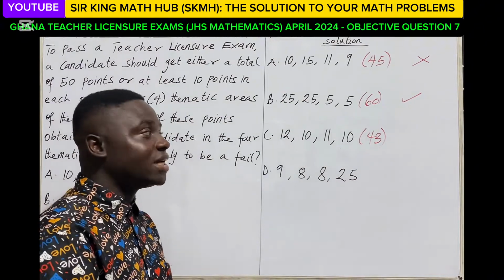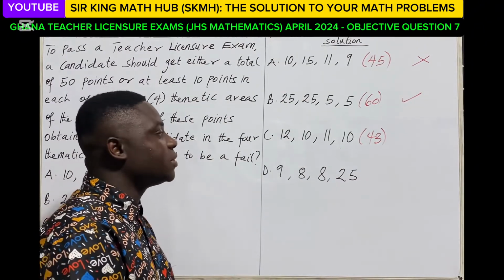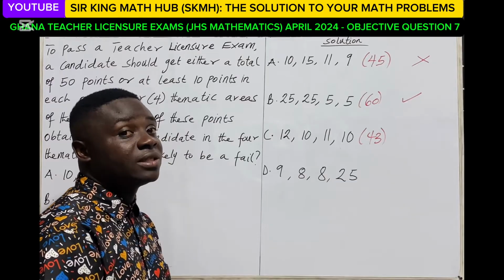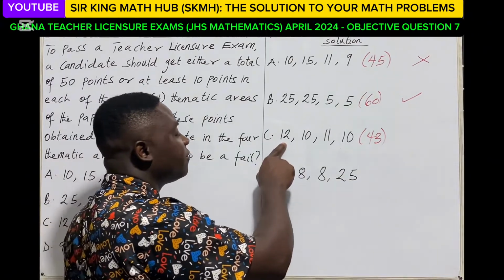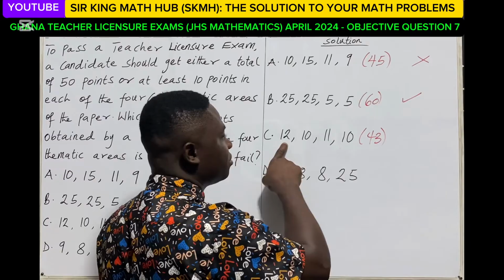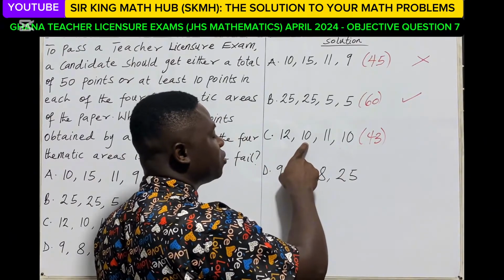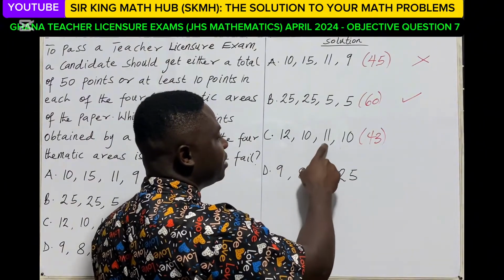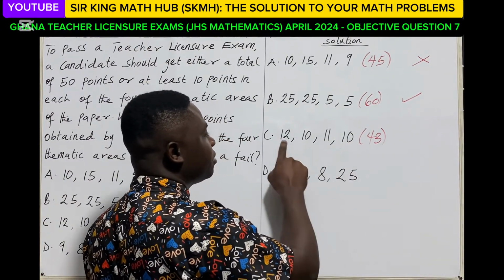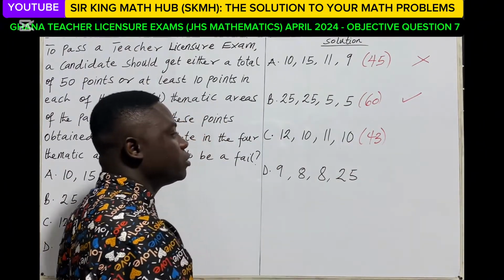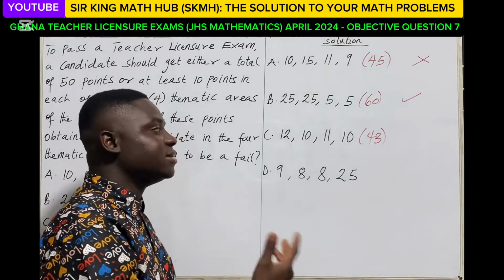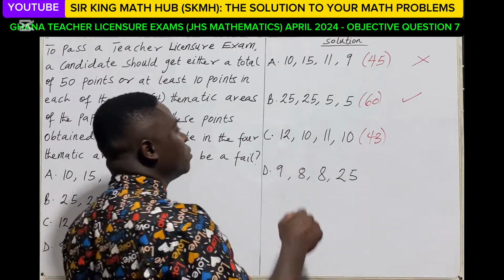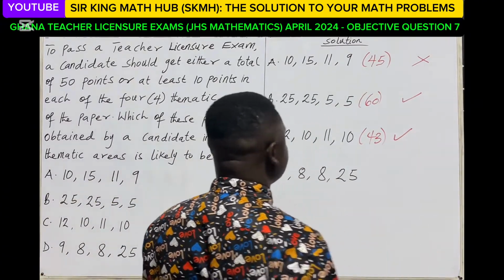The student should get at least 10 points from each of the 4 thematic areas. 12 is more than 10. 10, yes, the student has been able to get exactly 10 points. It's a pass. 11 and then 10. So all these 4 scores are at least 10. So this student will also pass the exams.